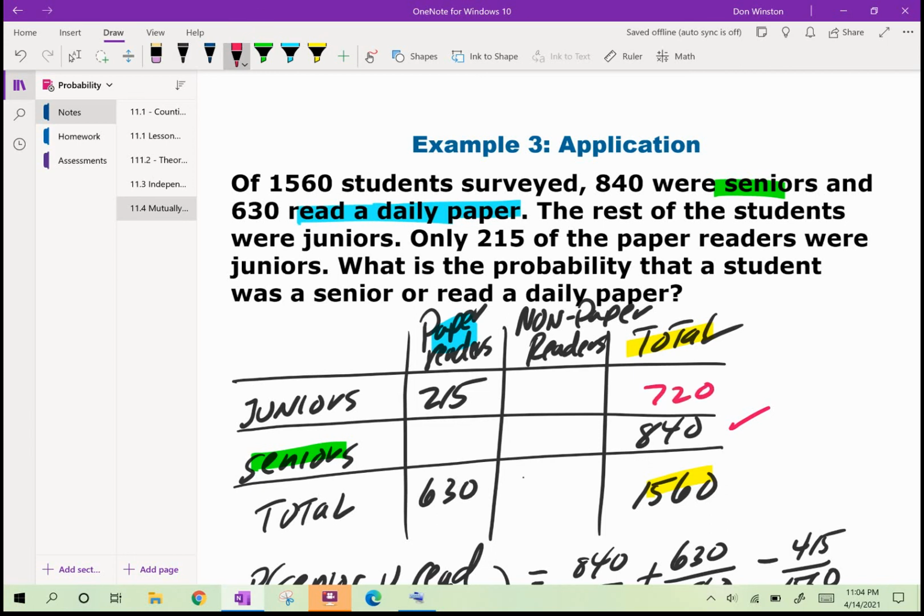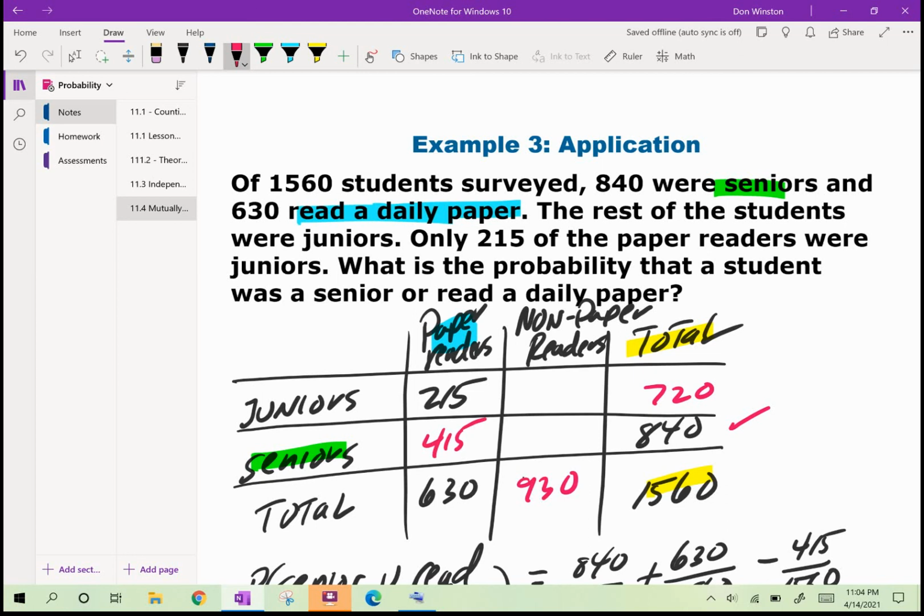So we just start to complete the table. If I have a total of 1,560 and 630 were paper readers, then if I subtract 630 from 1,560, I get 930 non-paper readers. There was a total of 630 paper readers, and 215 of the paper readers were juniors, so if I subtract 215 from 630, I will get 415 seniors who read the paper.